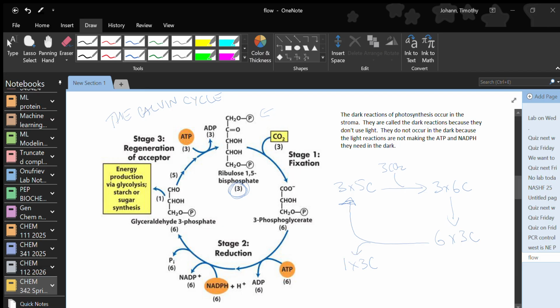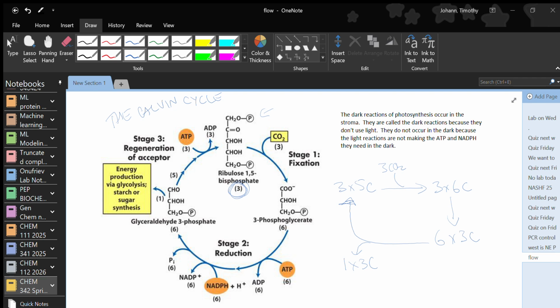So for each cycle, and that's shown right here, that molecule we take off is glyceraldehyde 3-phosphate. Remember that from glycolysis? It's right in the middle. Where I'm counting 3 carbons for 3-phosphoglycerate, where are the other? There's 6 3 carbons of those. So where's the 3 times 6 carbon?